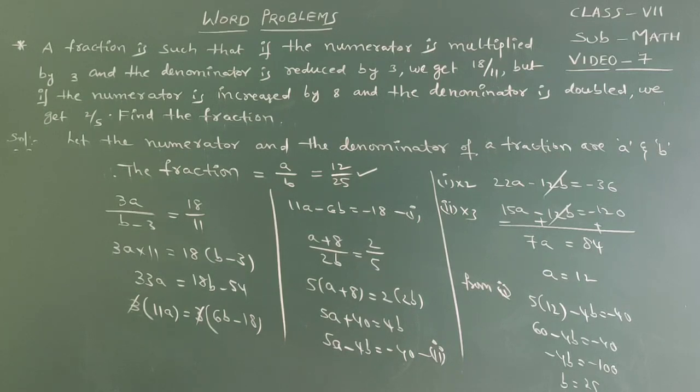Then we get 7a equal to 120 minus 36, which is 84. Then a equal to 12. Substitute the value of a in the second equation, we will get the value of b as 25. So the required fraction is 12 by 25.